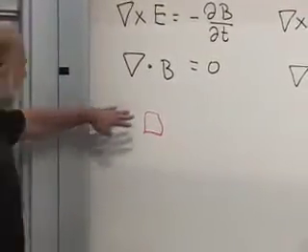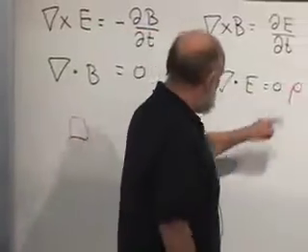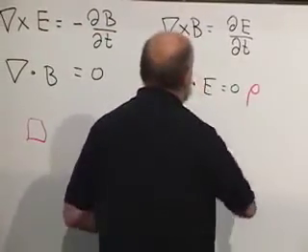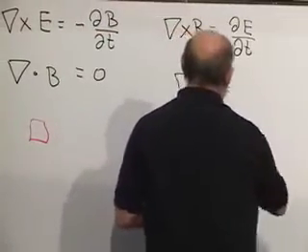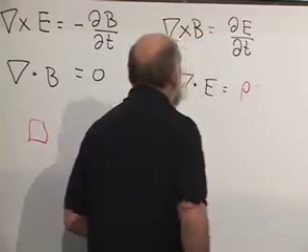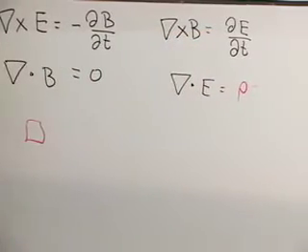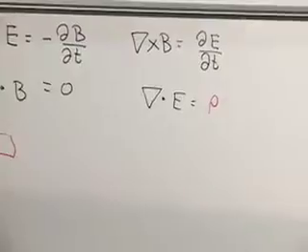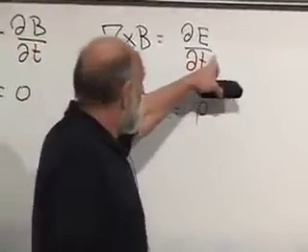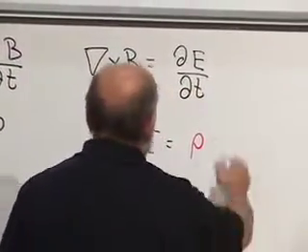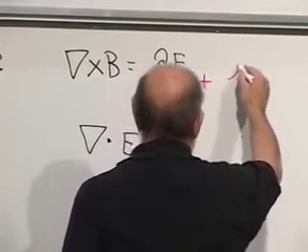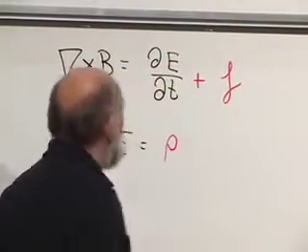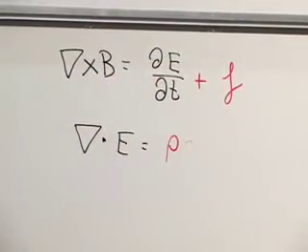The charge per unit volume is called the charge density. So what really goes here is the charge density. But if there is no charge density, well, then it just isn't there. Over here, there's another term, and it's the electric current. It's called J, and I'll define it for you later.